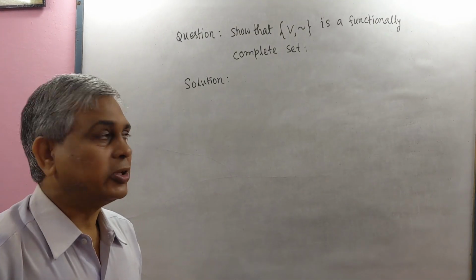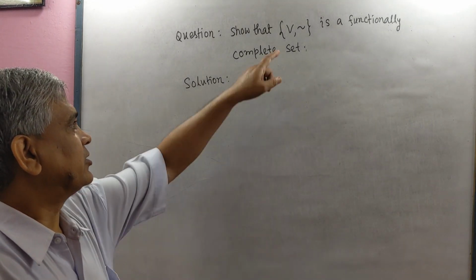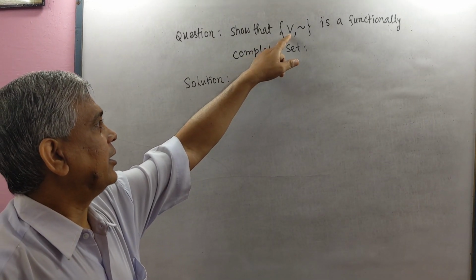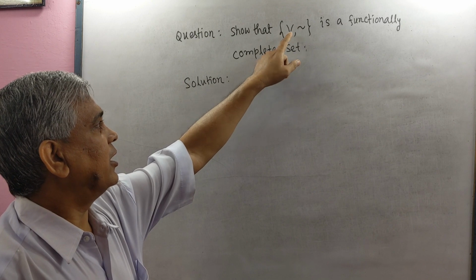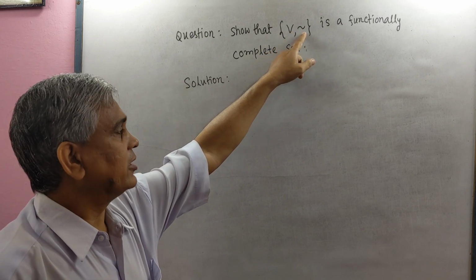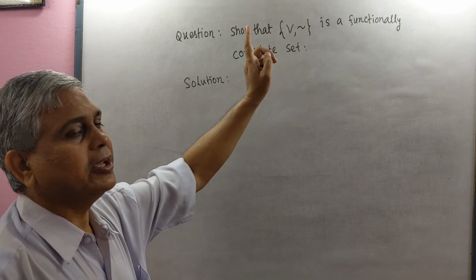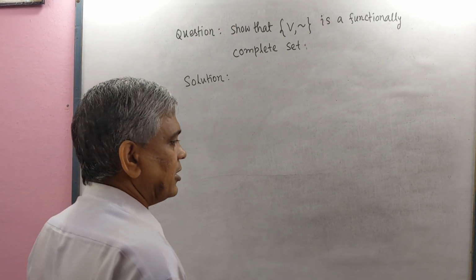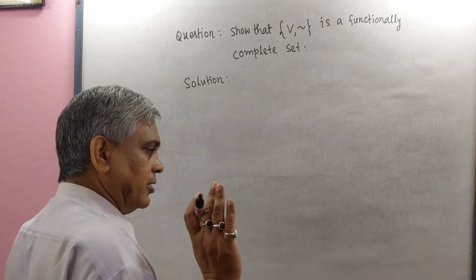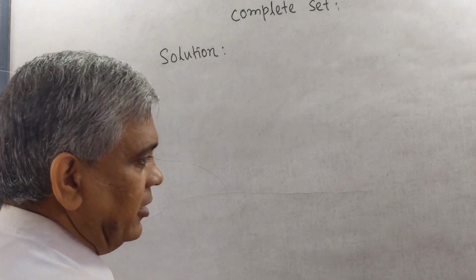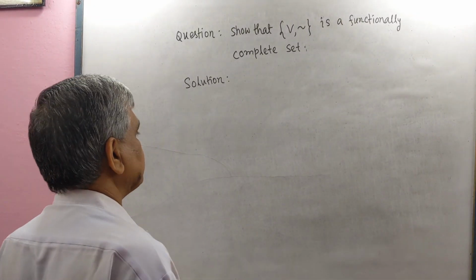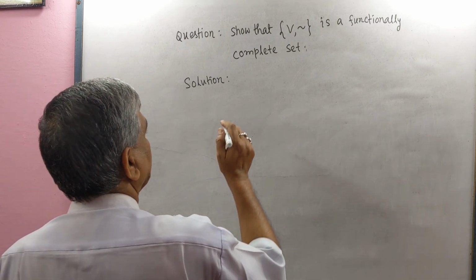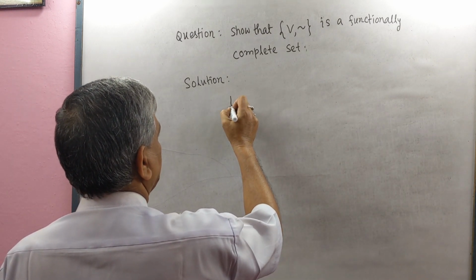Now we shall show that a set containing connectives disjunction and negation is a functionally complete set. Our remaining connectives are conjunction, implication and double implication. First, we see the conjunction.